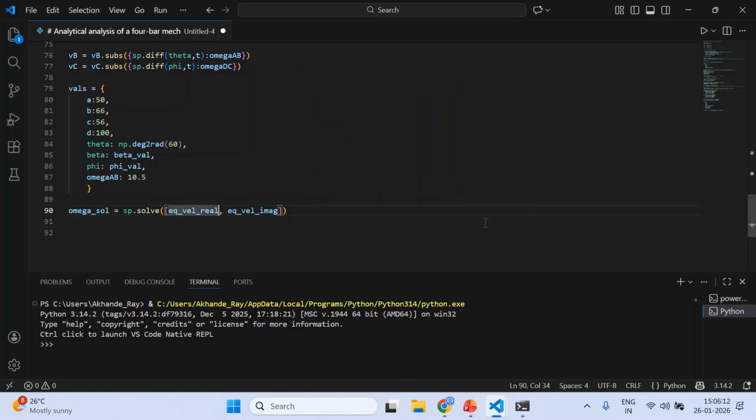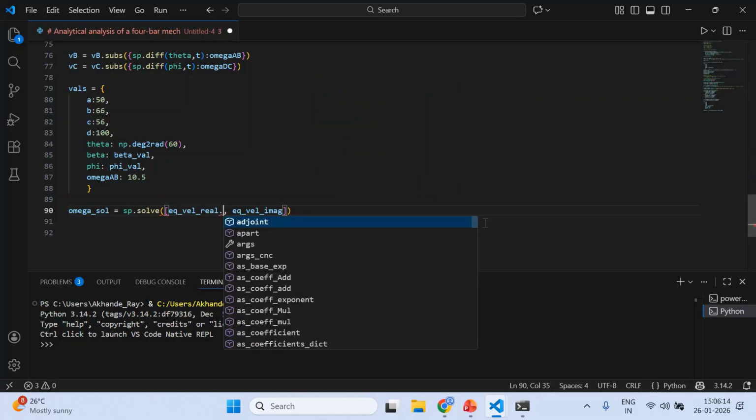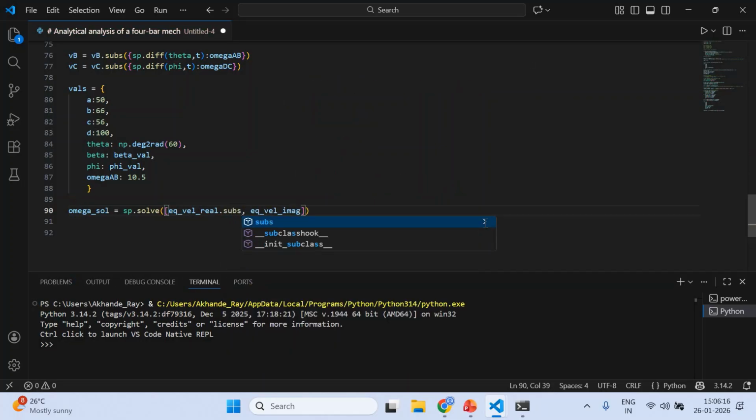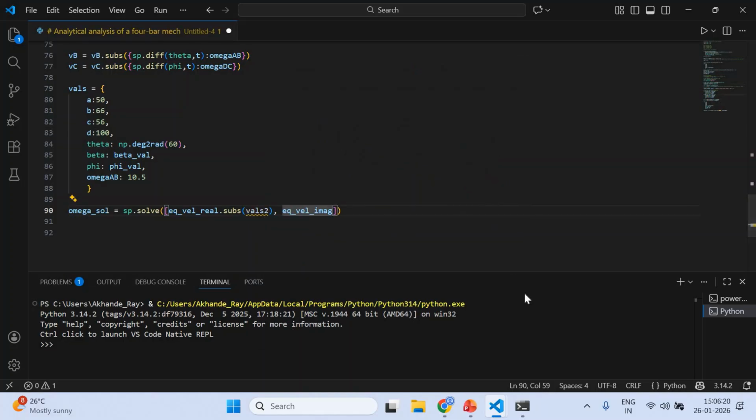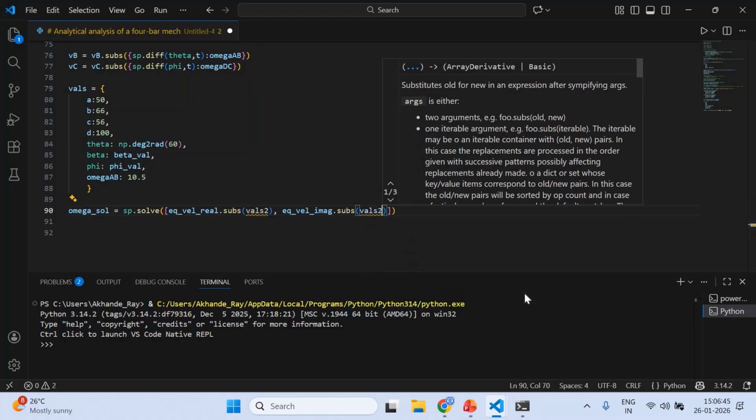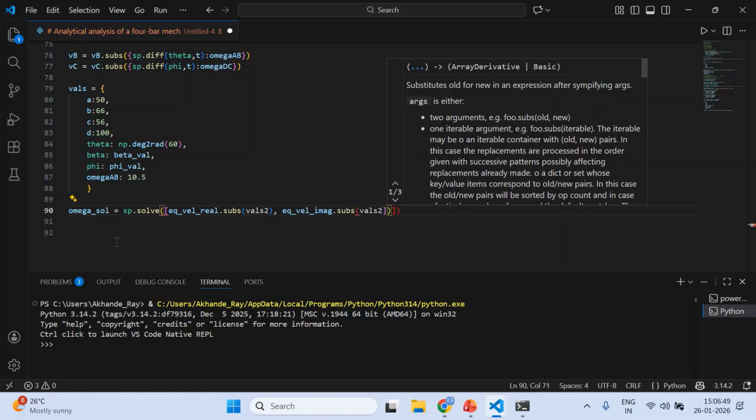Right, now let us substitute the values into these two equations. So it is subs and vals 2, right? And in a similar fashion, equation underscore well underscore image dot subs then vals 2. So after this, let us close this bracket here.